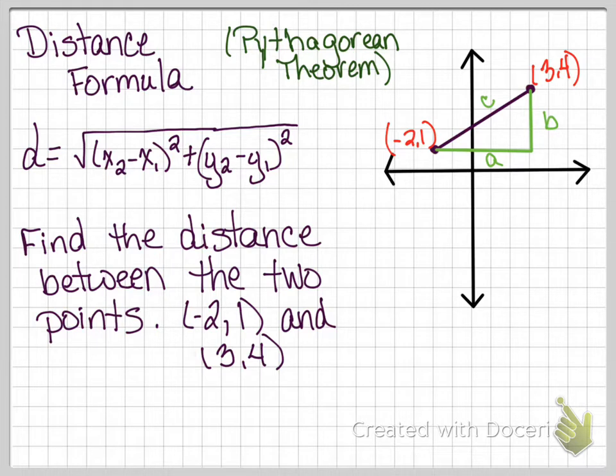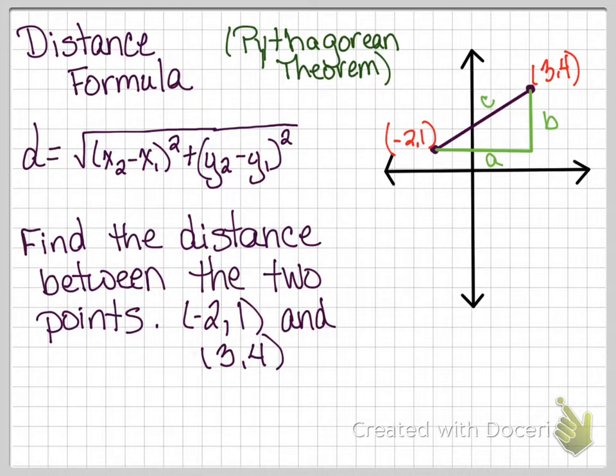What is a squared plus b squared equal to in the Pythagorean theorem? C squared. So I've created a triangle. If you can't remember what you're doing when you're using the distance formula, understanding that you're really using the Pythagorean theorem is helpful, because that's what we're doing.